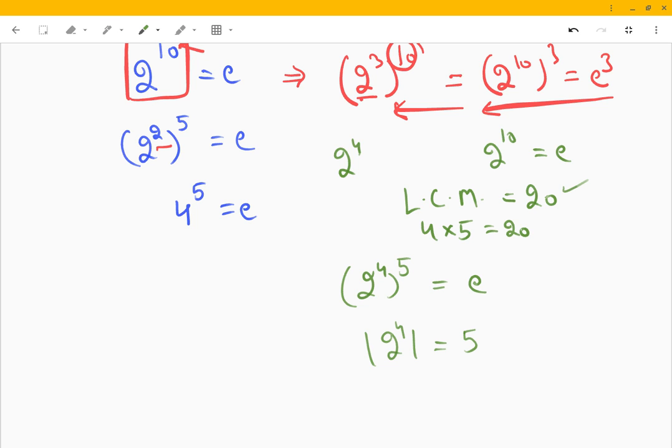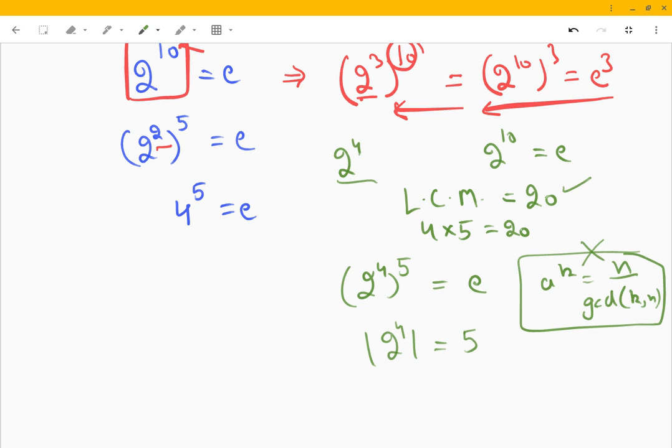This LCM thing I find easier than the GCD formula, which is N by GCD of K and N, something like that. I can never memorize this. I'm confusing myself in the video. Anyway, so this is the method.